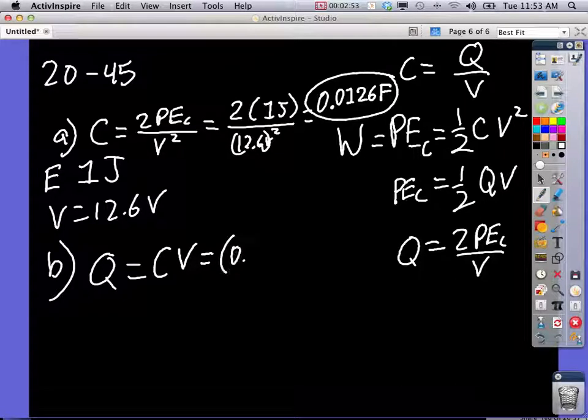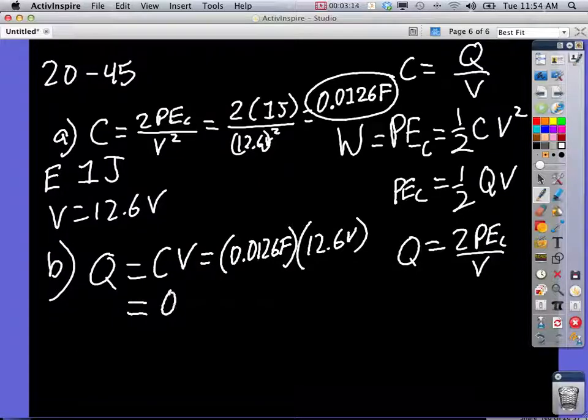So I take my 0.0126 farads, multiply it by 12.6 volts, and I should get the coulombs. What does that come out to be? 0.0126 times 12.6. 0.158 coulombs.